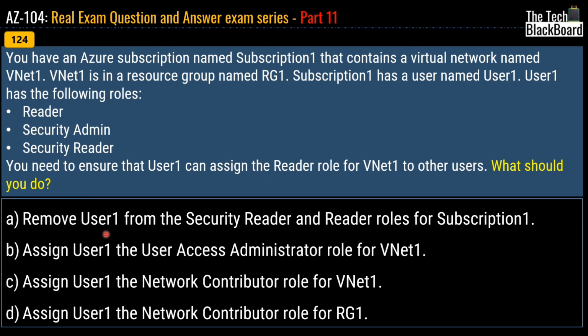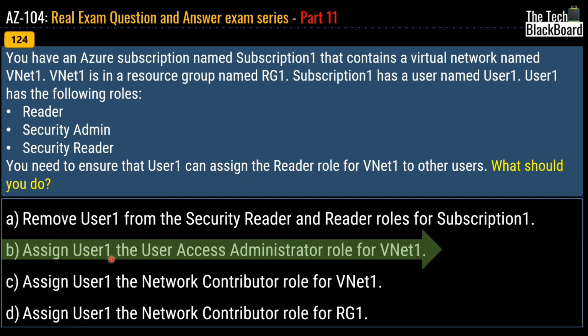Should you remove user1 from the security reader and reader roles for subscription1? Or should you assign user1 the user access administrator role for VNet1? Or assign user1 the network contributor role for VNet1? The last option is assign user1 the network contributor role for RG1. And the correct answer for this question is that you should assign user1 the user access administrator role for VNet1, or virtual network.